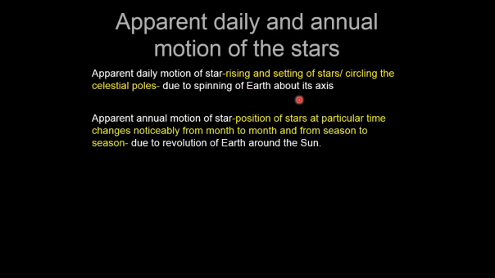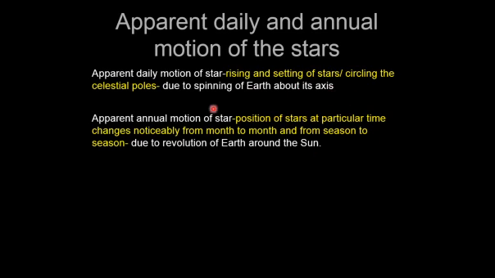So what is the reason for the apparent annual motion of the star? You would have noticed that the position of a star is not constant throughout the year. It keeps on changing from one season to another, and that is due to the revolution of Earth around the sun. What do you mean by revolution of Earth?